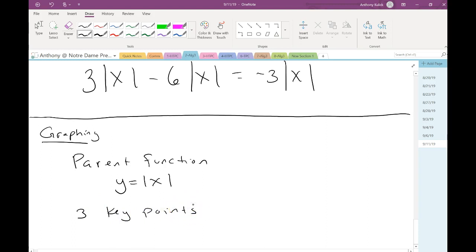The graph has 3 key points that we're going to be concerned with. It's the points (-1, 1), (0, 0), and (1, 1).